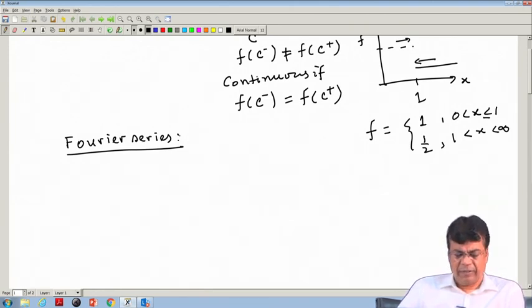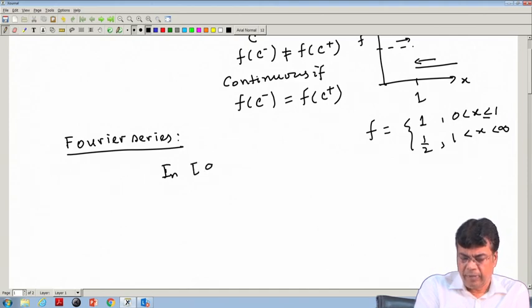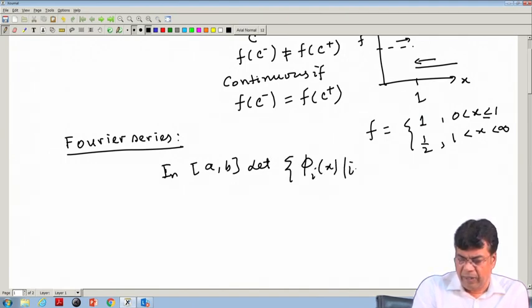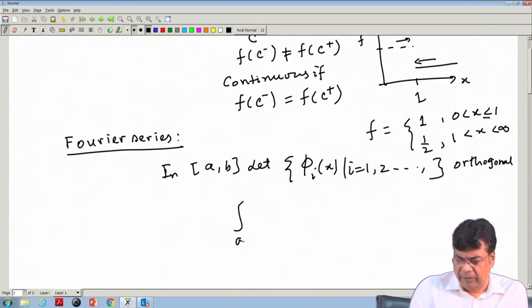In general, suppose in any interval AB, let a sequence of functions phi_i(x), i equal to 1, 2, etc., be orthogonal in the interval AB.